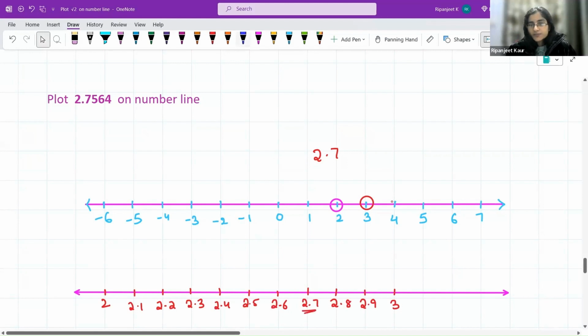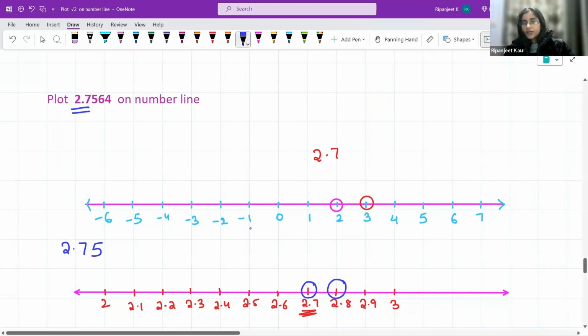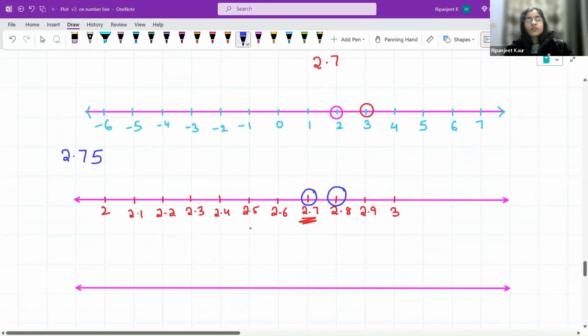So we know where is 2.7, but the number is not stopping here. The number is 2.75, so the number is lying between 2.7 and the next digit. What is the next digit after 2.7? It's 2.8, right? So the number would be lying between 2.7 and 2.8.